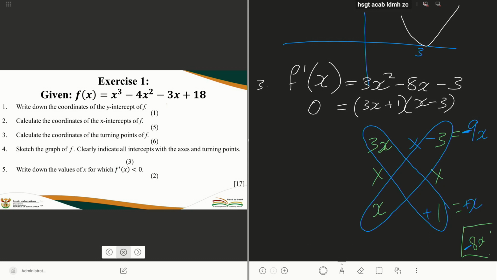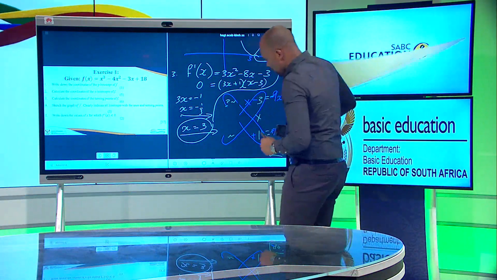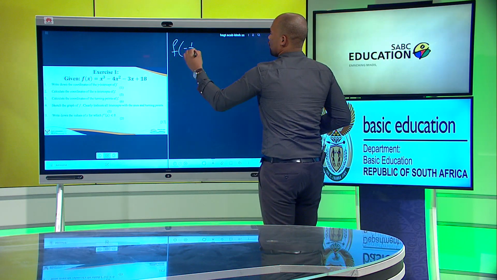Therefore, I'm having my x values as 3x equal to negative 1, so x is equal to negative 1/3. And this one is going to be x equal to 3. So I'm having two x values. This one is the one that we said, if you're having two roots being equal, the turning point is there. The only thing that we can calculate is when x is negative 1/3.